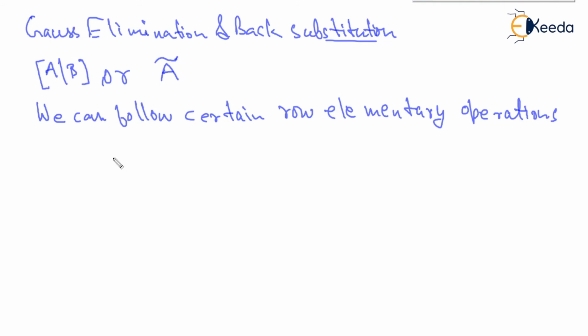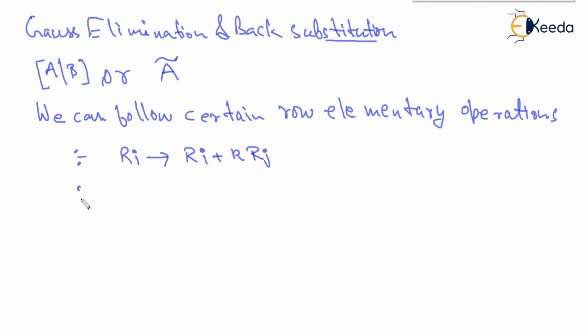That is, instead of any row, we can write Ri plus k times Rj. That is, we are adding a scalar multiple of another row to the Ri-th row, right?